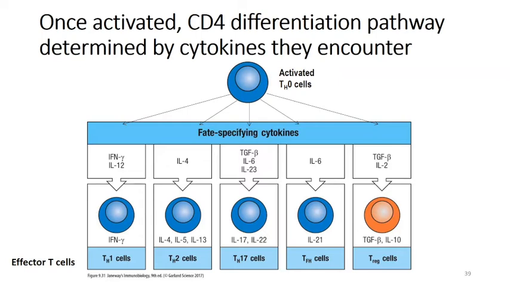It's a very tightly orchestrated process. It's dependent on what we call fate specifying factors. So a gamma interferon producing Th1 cell requires gamma interferon and IL-12, Th2 requires IL-4 and so on.